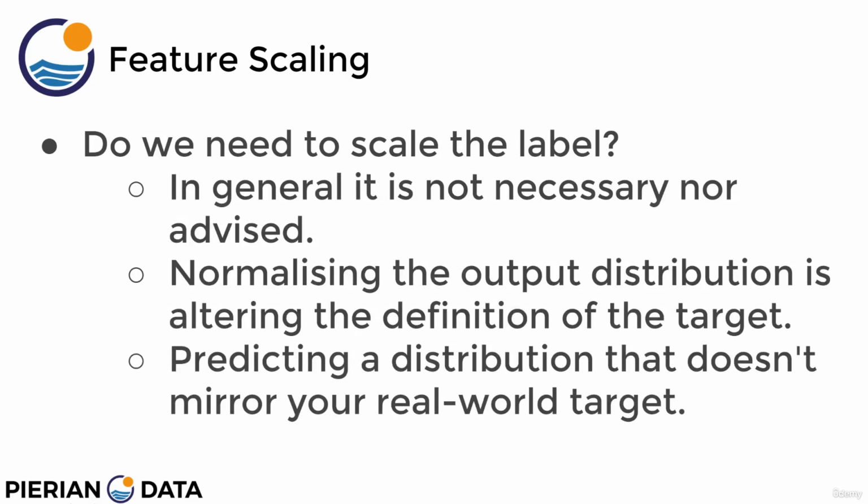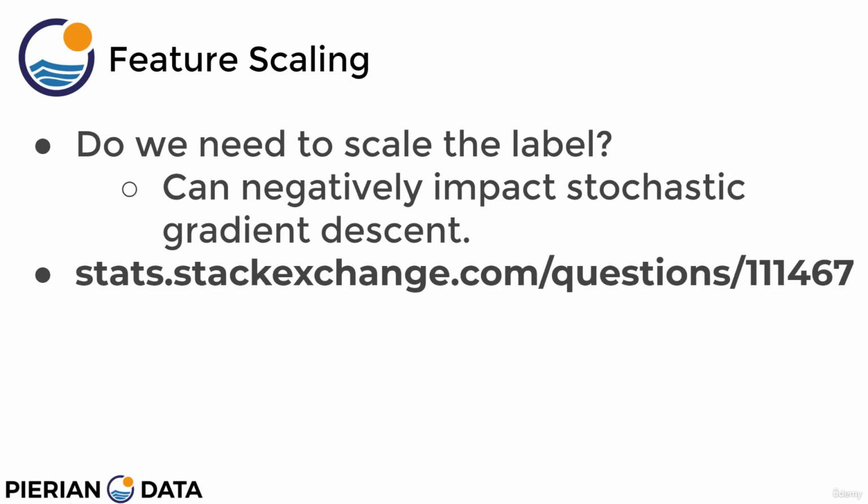A very common question I get at this stage is, do we need to scale the label itself? That is the Y target label. In general, it's not necessary, nor is it advised. Normalizing the output distribution is technically altering the definition of the target, which means you're now predicting a distribution that doesn't mirror your real-world target. And this can actually negatively impact stochastic gradient descent.